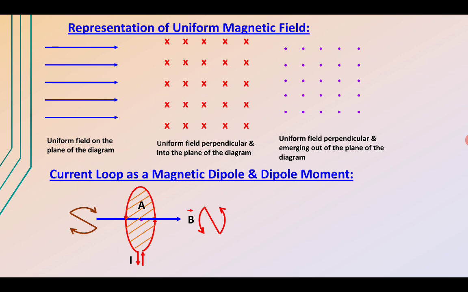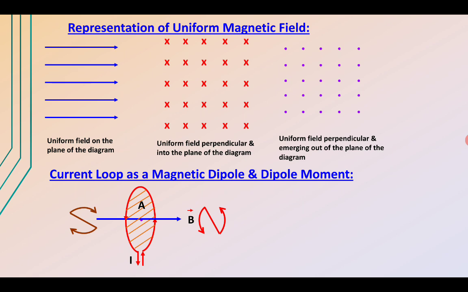The main thing to remember while figuring out which face represents the north and which the south is this: when we look at any one side of the loop carrying current, if the current is in the anti-clockwise direction, then that side of the loop behaves like the magnetic north pole, and if the current is in the clockwise direction, then that side behaves as the magnetic south pole.